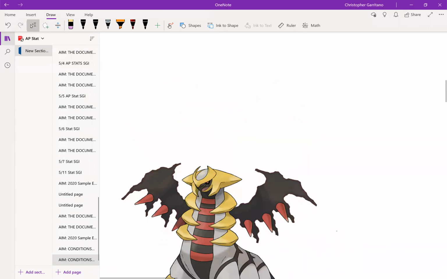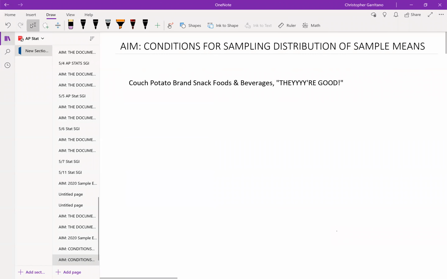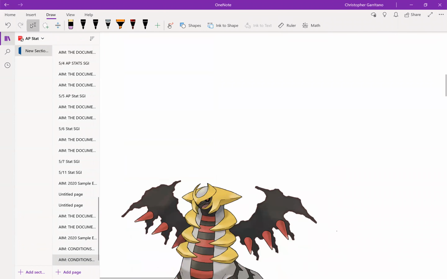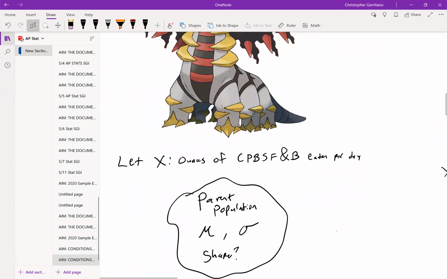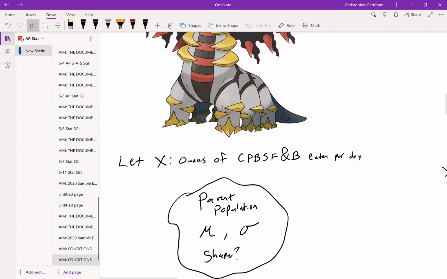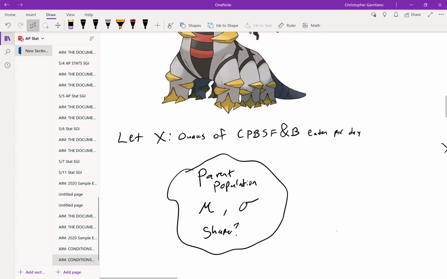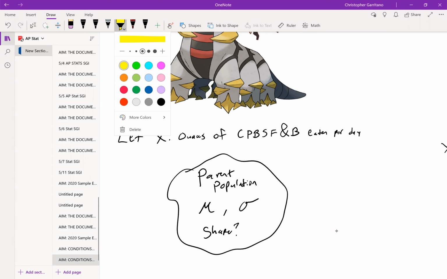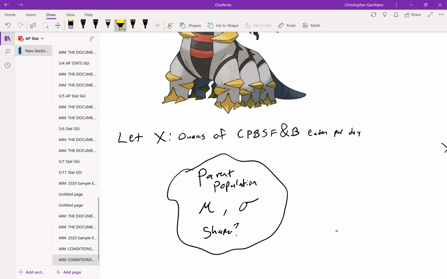All right, so back to the actual topic. We're talking again about the conditions for the sampling distribution of sample means. So let's just imagine that we have some sort of quantitative variable. Quantitative meaning some sort of numerical value that has units of measure, right? So for example, let's define X to be ounces of Couch Potato Brand snack food and beverages eaten per day.